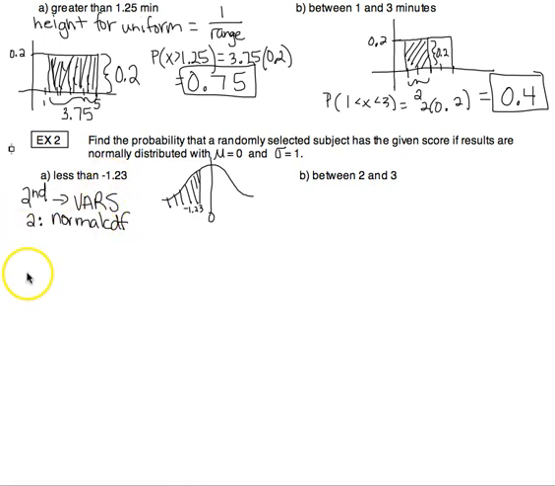And if you have the newer operating system like my online one does, then you'll get prompts given to you. But if you have an older calculator, it's just going to go back to the home screen and say normal CDF, and then you have to know what to type in next. When we choose normal CDF, what we're going to type in first is whatever the lower limit is.